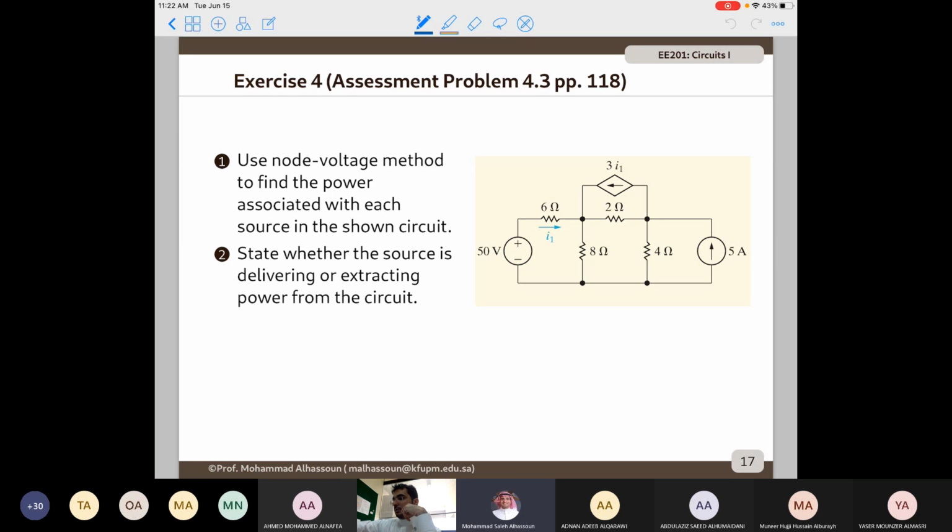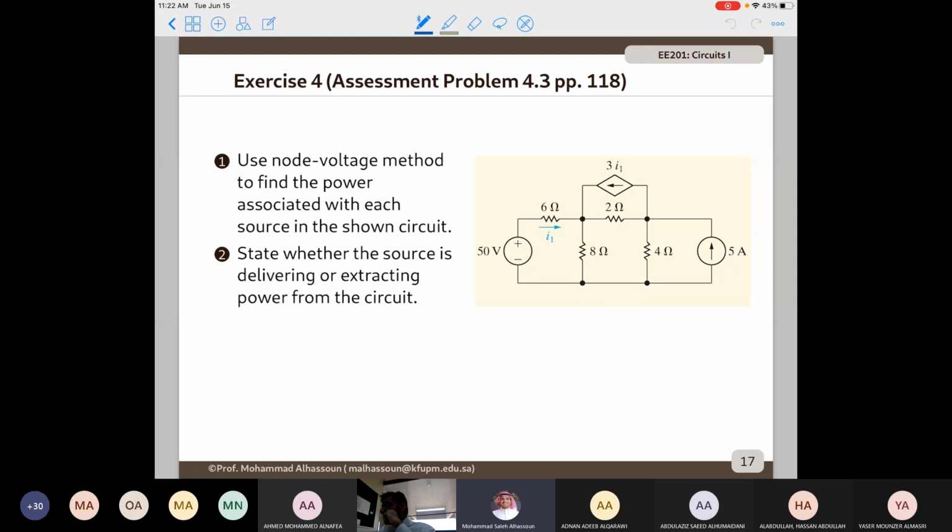Hassan, yes. First, we specify the essential nodes, and we have 3 essential nodes. Oh, you're trying to solve exercise 4. Okay, hold on a second.